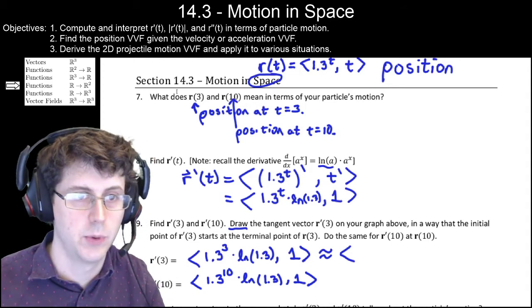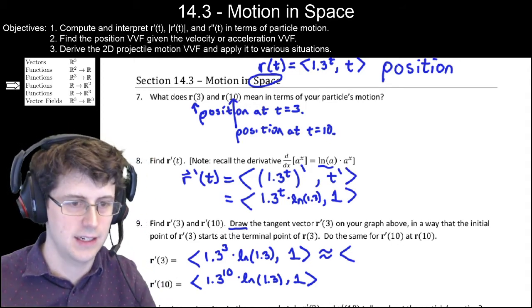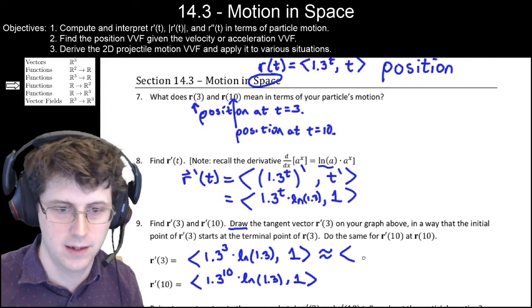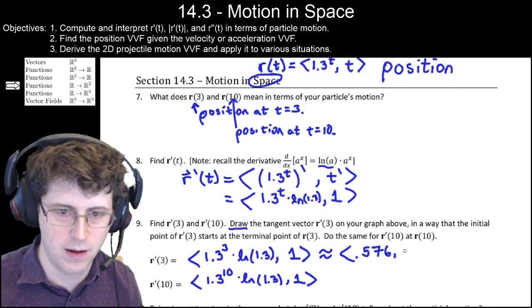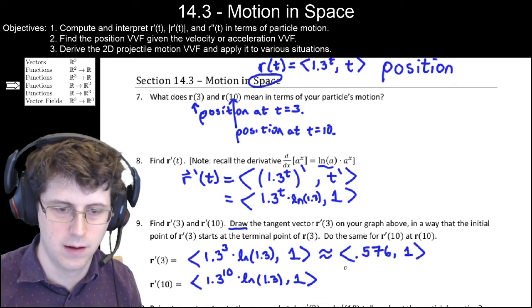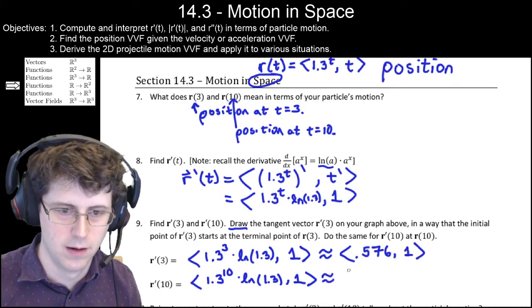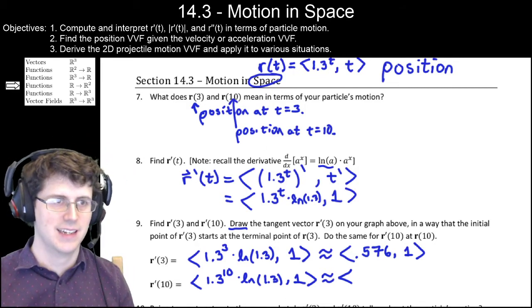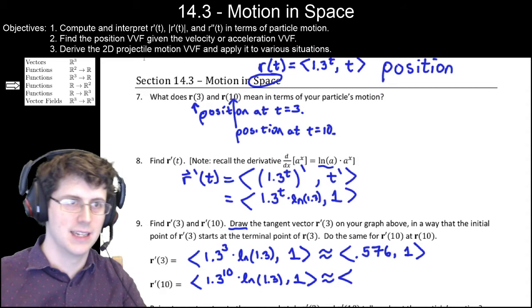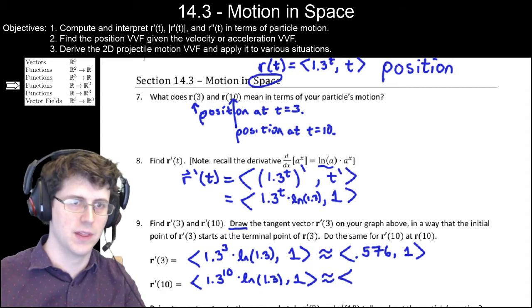I got 0.576 for the first one. 1.3 to the 10 is going to be significantly larger. So what is 1.3 to the 10 times ln of 1.3?